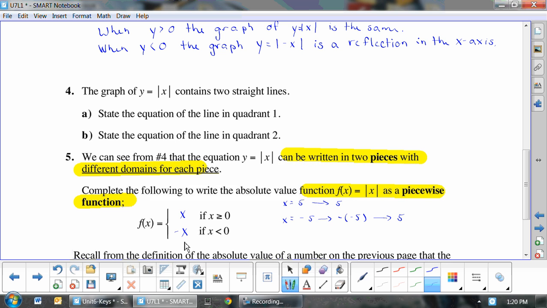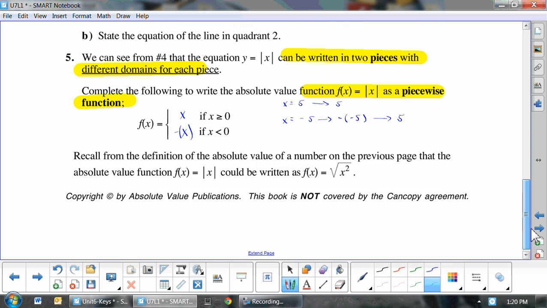Okay? So imagine this having brackets around it. So when you substitute your value for x in, that negative sign stays outside the brackets and you have to bring it in. So that's why we have negative, negative 5. Like that. Okay?